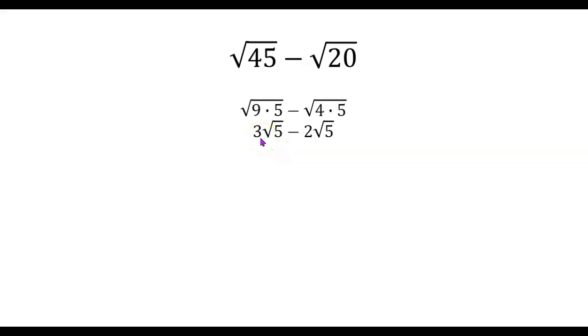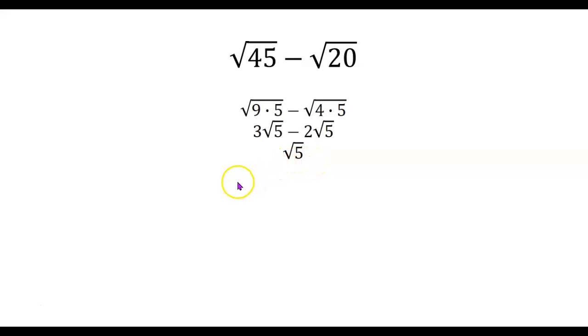And now, the 3 times the square root of 5 minus 2 times the square root of 5 equals 1 times the square root of 5, or just the square root of 5. So the square root of 45 minus the square root of 20 is equal to the square root of 5.